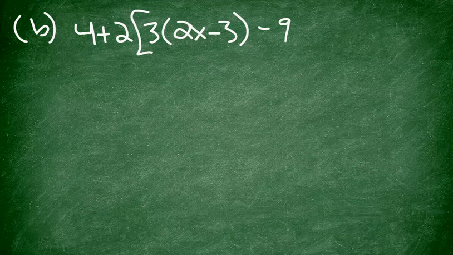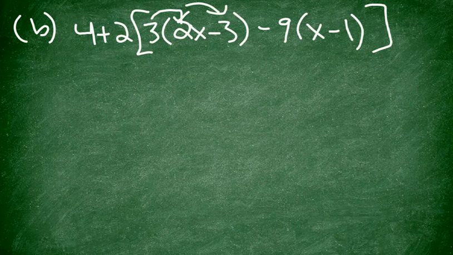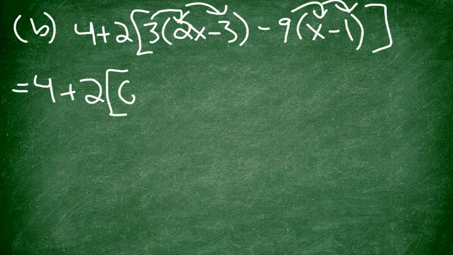And now we have letter B. So we got to be careful with this one. We got a lot of parentheses and brackets going on. Okay. So order of operations, I'm going to handle everything inside here first. Work my way inside out.